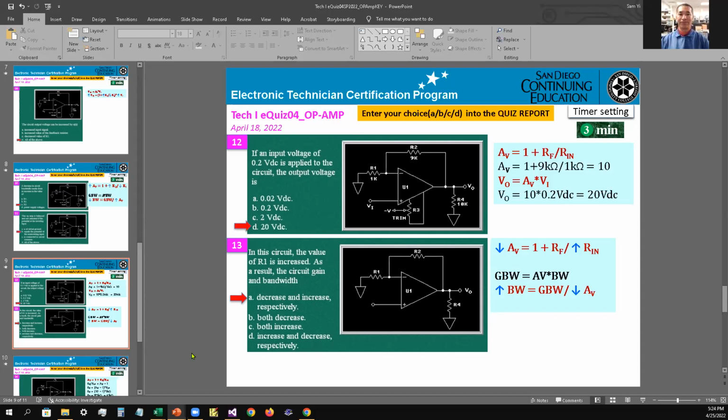Okay, any question on number 12 or 13? So Sam, yes, the number 12, 10 times 0.2 is 2 volts DC. Oh, sorry. Yeah, that's correct. Okay, that was correct as it was.